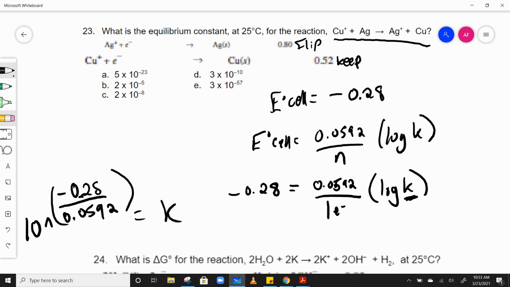Okay, and we get 1.9 times 10 to the negative 5th, which is closest to B here.